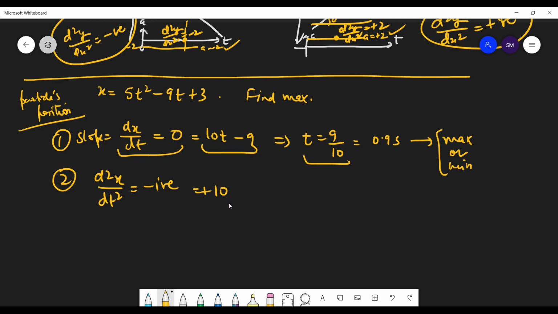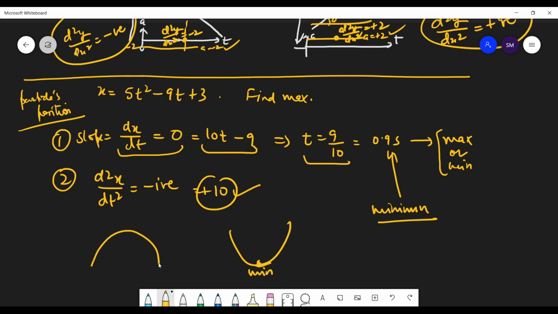So what does this mean, students? Is this maxima or minima? This is minima, because the slope is getting positive. At minima, the change is that the slope will get positive. What is the change in slope at maxima?